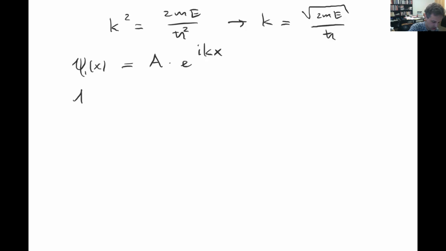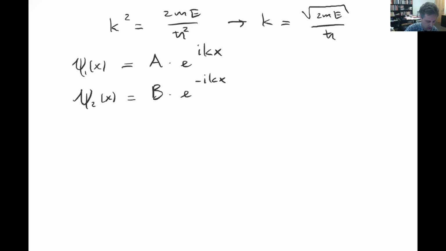There's another one that is almost similar, but slightly different. Call it B, arbitrary constant, okay, times e to the minus ikx, right? So this looks very similar, but it has a negative sign, and this is also a solution of that equation.